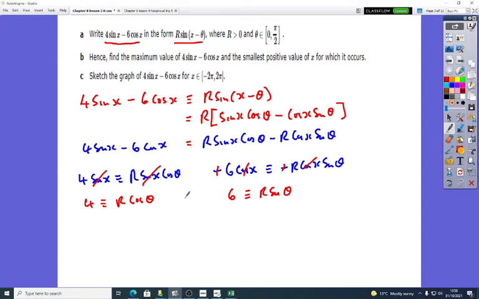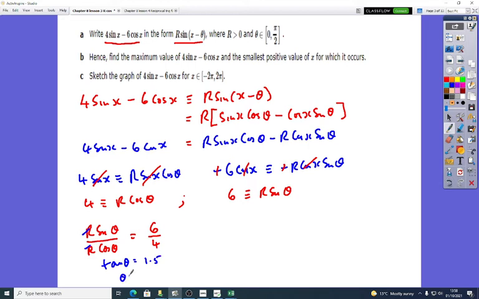Now once you've got it in this stage, you can easily pull out the tan. So you can just say, if I do r sine theta shared by r cos theta, or r sine theta is 6, r cos theta is 4, and by doing this the r's will cancel, and you end up with tan theta equals 6 over 4, which is 1.5.